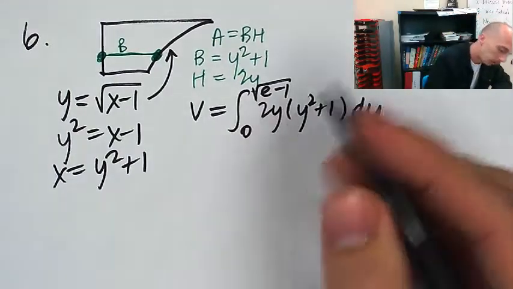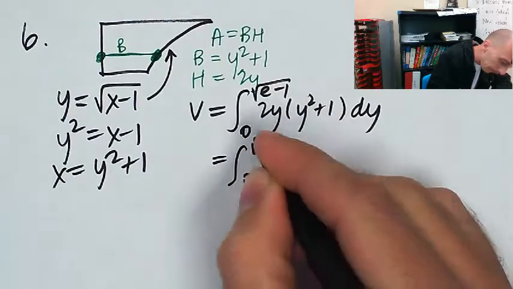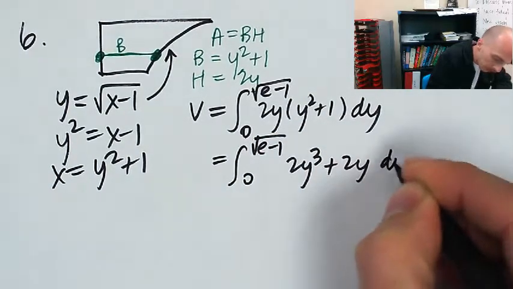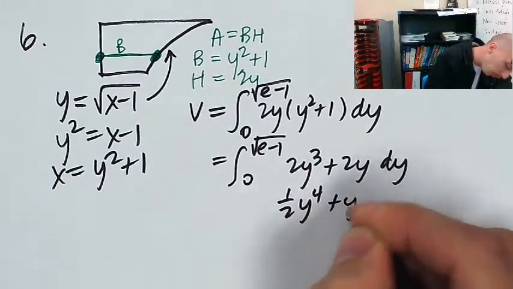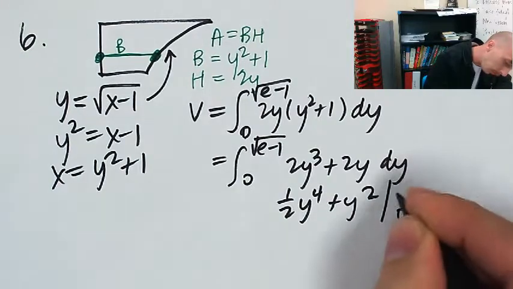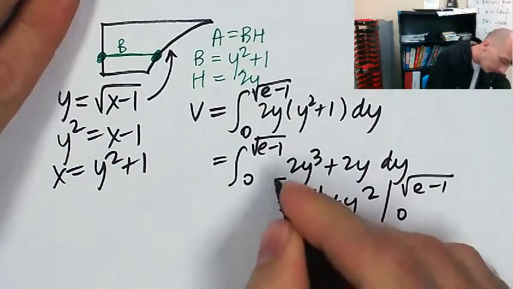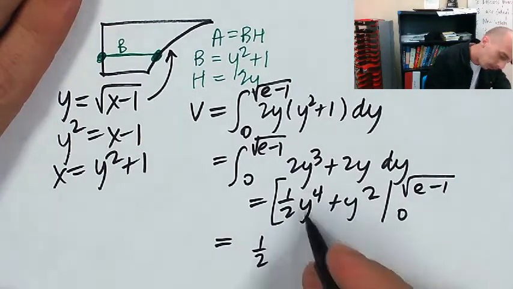All right, so I'm going to say this is 2y to the third plus 2y dy, and that would be 1/2 y to the 4 plus y to the 2 as y runs from 0 to the square root of e minus 1. Okay, and then this actually is going to work out pretty well because it'll be 1/2 of y to the 4th.